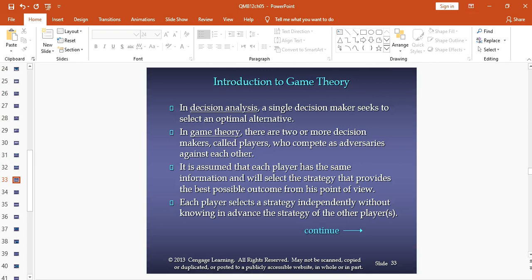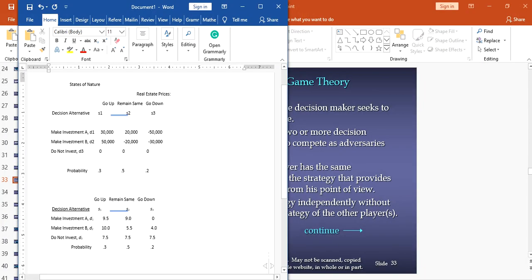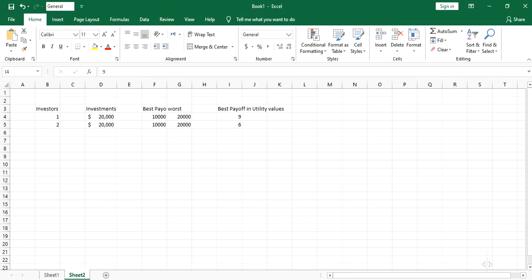So far we were dealing with some alternatives in front of one person. Okay, let me give you another example over here. Game theory.